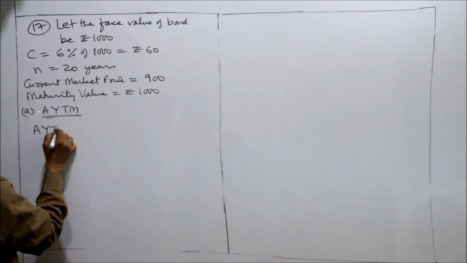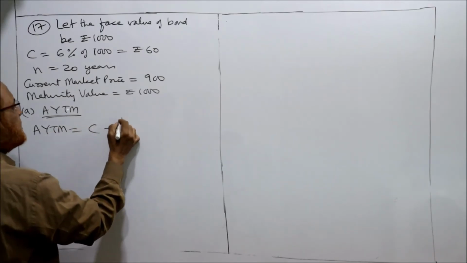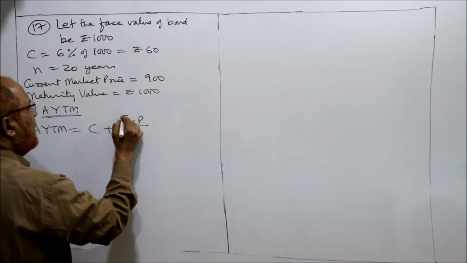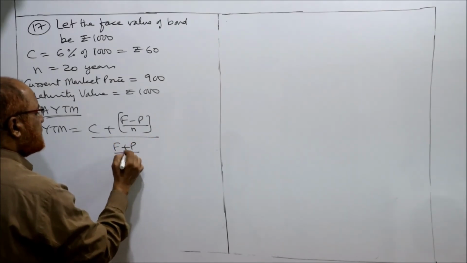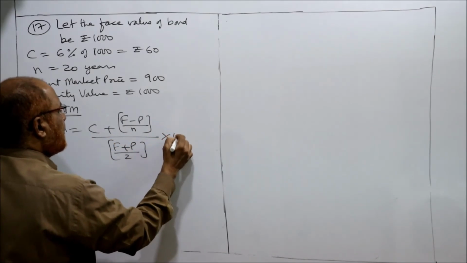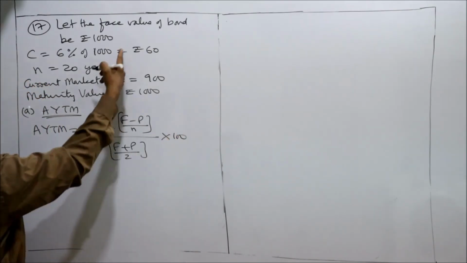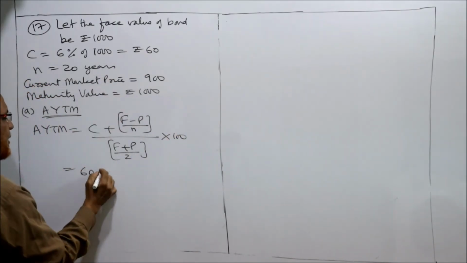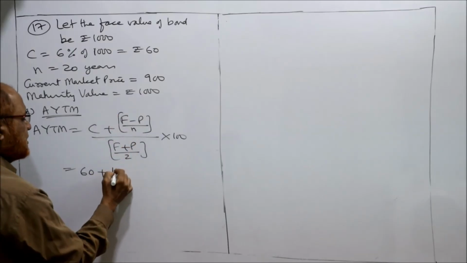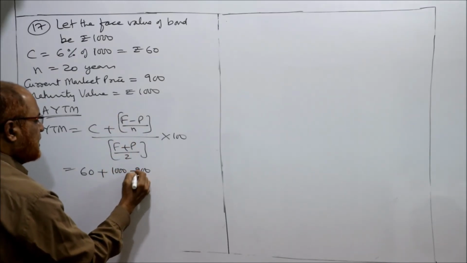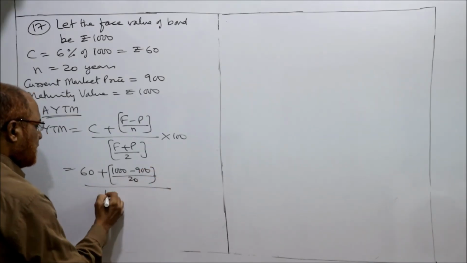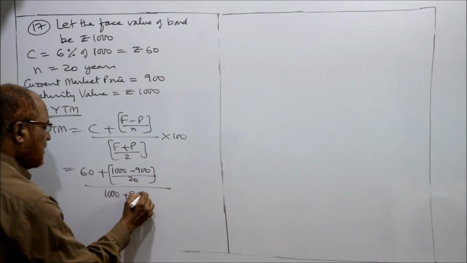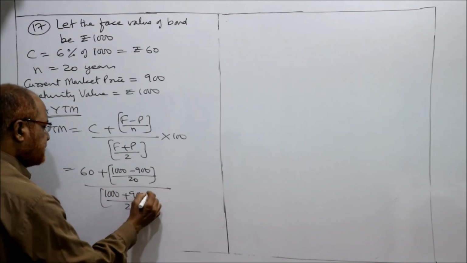So the formula for AYTM is C plus F minus P by N, divided by F plus P by 2. Directly I am substituting: coupon is 60. Redemption price is 1000. Current market price is 900, divided by N is 20 years. Then 1000 plus 900 divided by 2.